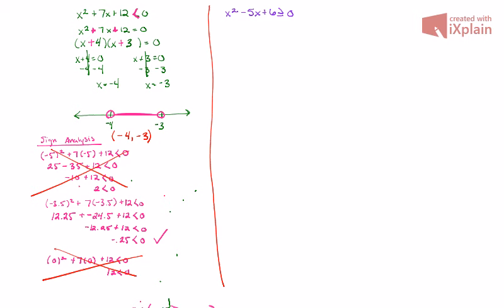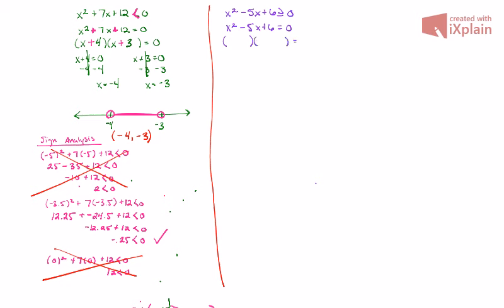So from here, we have x squared minus 5x plus 6, and I'm just going to look at the equality at this point, just to identify what values I need to make myself aware of on my number line.